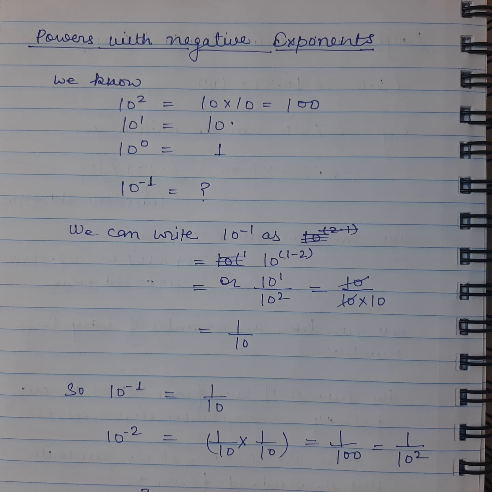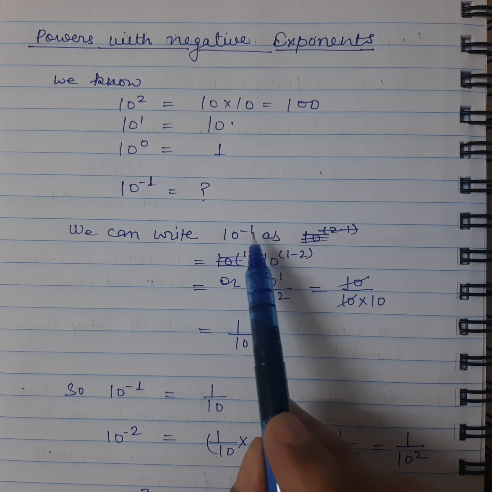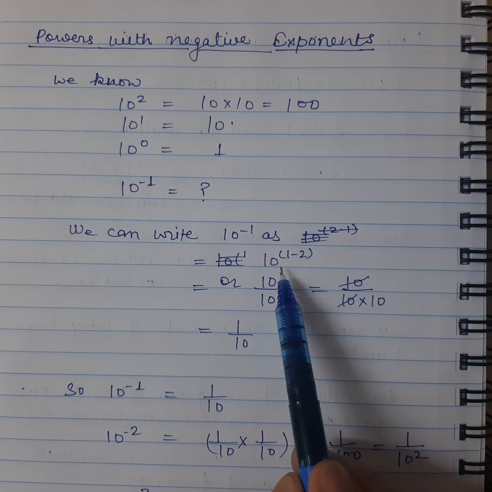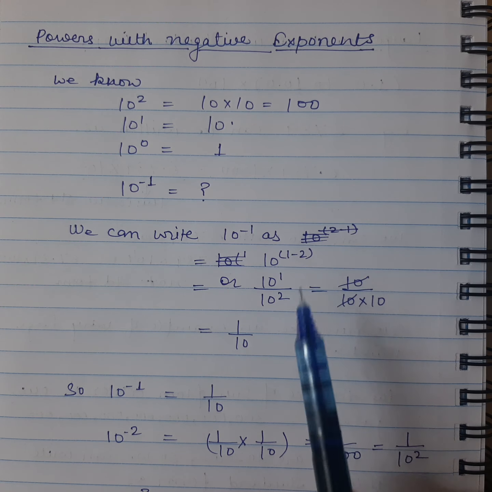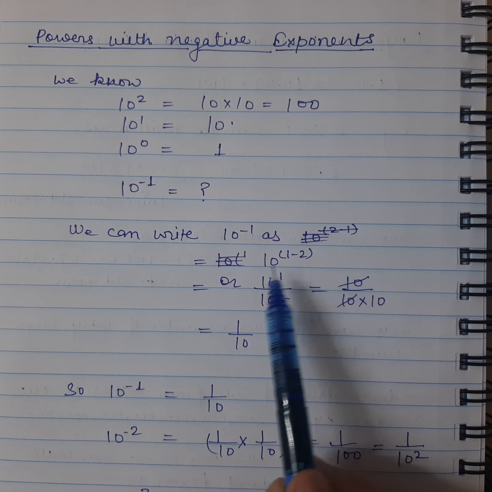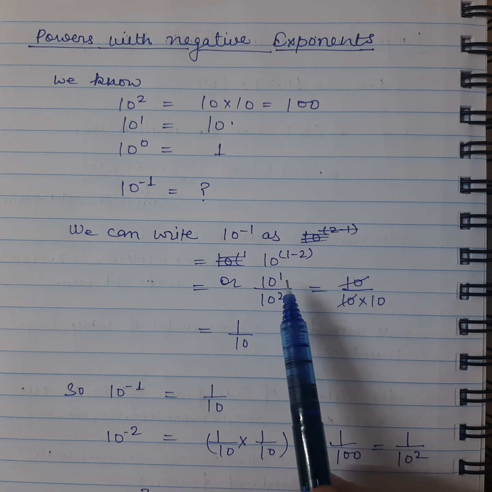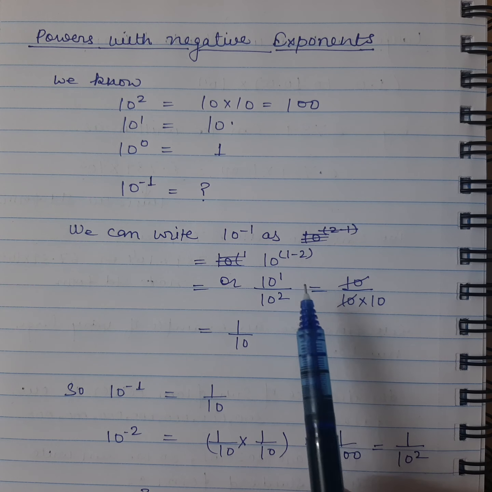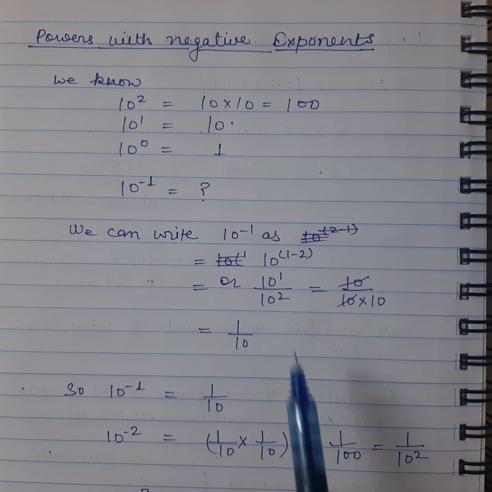So let's discuss how to calculate 10 raised to the power minus 1. We can write 10 raised to the power minus 1 as 10 raised to the power 1 minus 2. 1 minus 2 will be minus 1. Or we can write, as we know, if we have exponents with the same base and we have to divide, we can subtract the exponent of the denominator from the numerator.